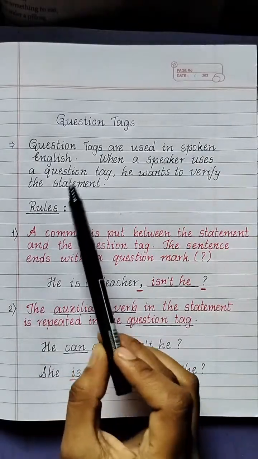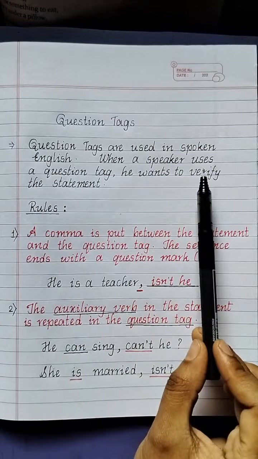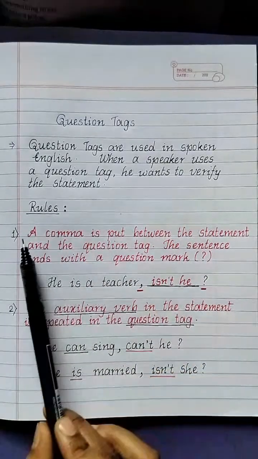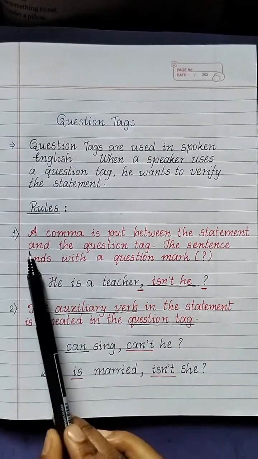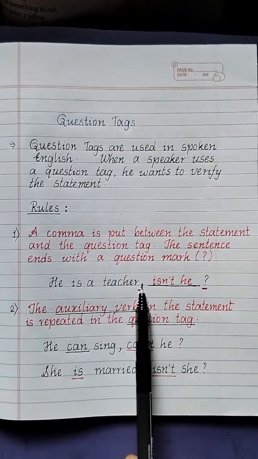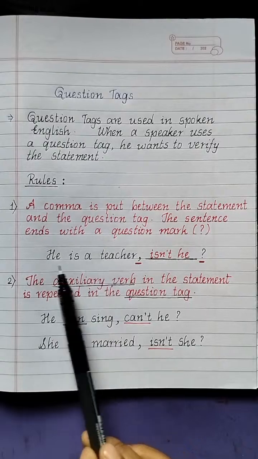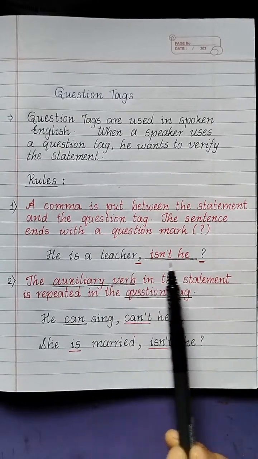So why is a question tag used? A question tag is used to verify or confirm the statement. Rule number 1: a comma is put between the statement and the question tag. He is a teacher is the statement, and isn't he is the question tag.